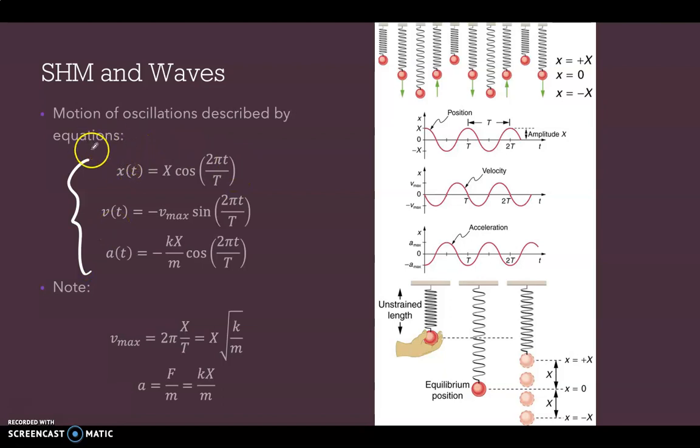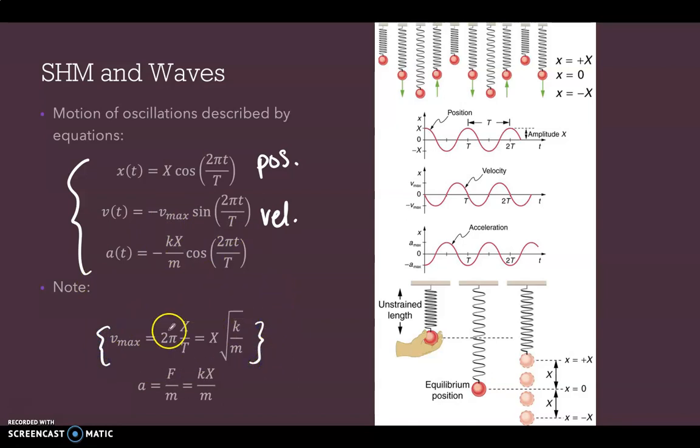So for the position, this first one, at some time t, that is going to be equal to an amplitude times cosine of 2 pi t, where t is the time, over the period. The velocity at some time is equal to negative v max, and I'll say what v max is in a second, times sine of 2 pi t over the period. v max is the maximum velocity.